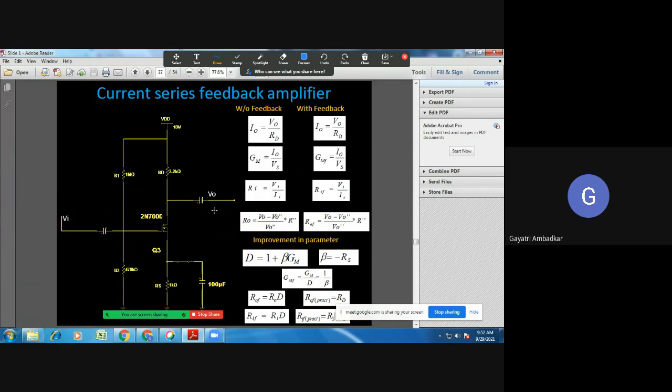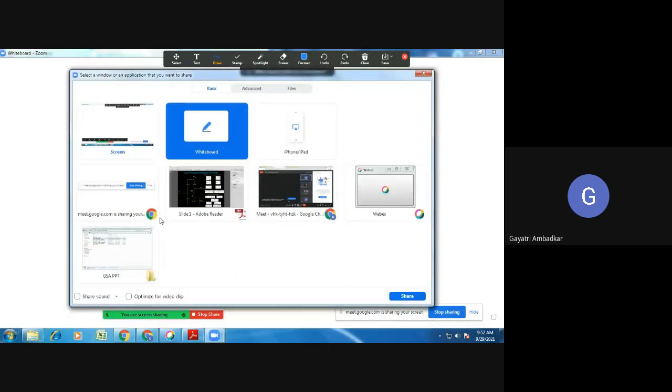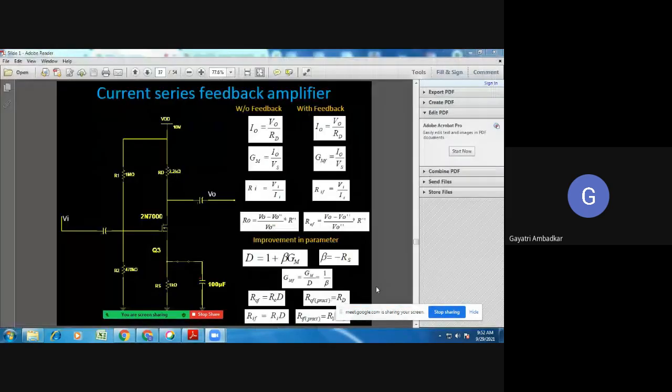First of all, tell me, can you see the screen? Can you see the PPT? Yes, ma'am. Tell me, current series feedback is which type of amplifier? Current amplifier, voltage amplifier, transconductance, or transresistance?